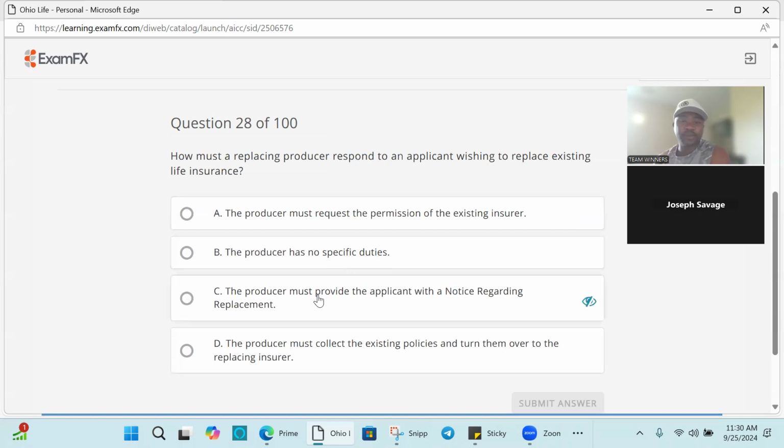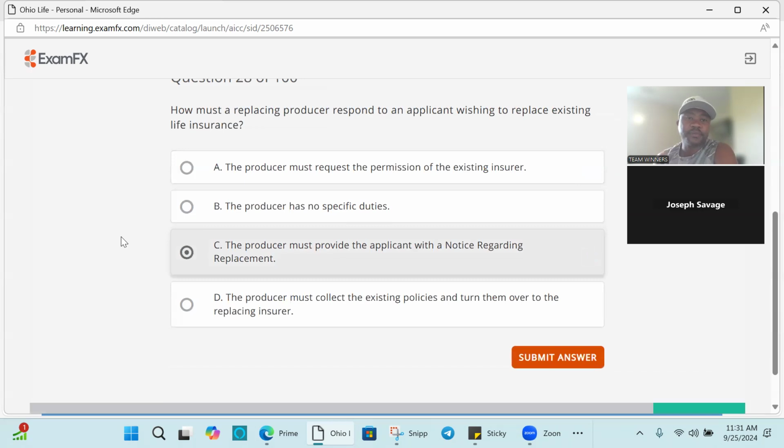Producer must collect the existing policies and turn them over to the replacing insurer. I'll just say C. What do you think? I don't need permission from another company. Yes, that's right.